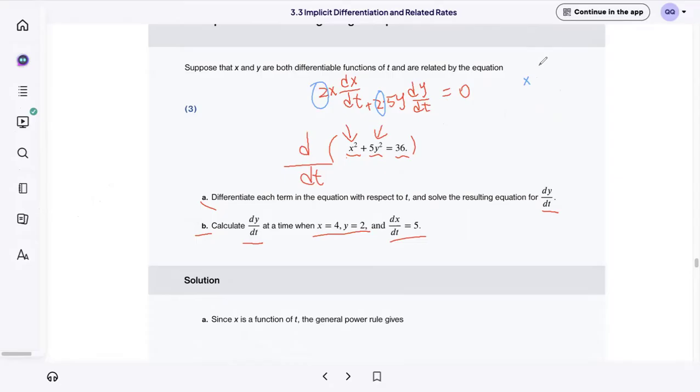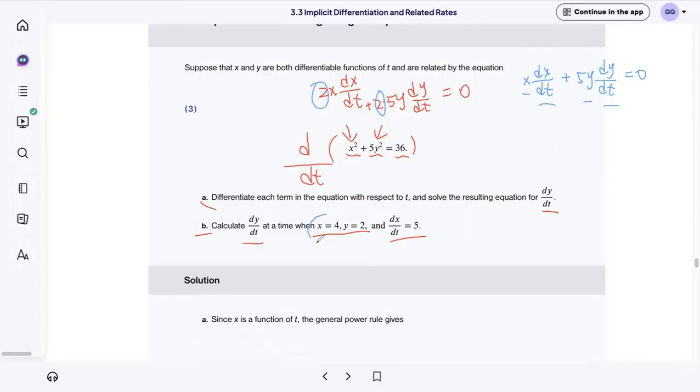In that case, we get x dx/dt. Think about dx/dt as a variable. Plus 5y dy/dt equals 0. So how many variables do we have? We have x, dx/dt, y, dy/dt. 4 variables. If you're given the value for any 3 of them, we can solve for the 4th.